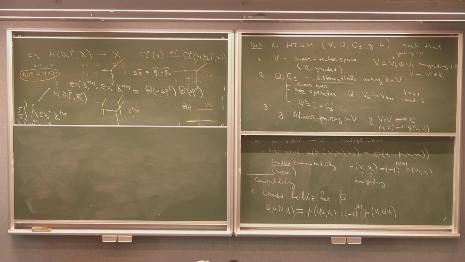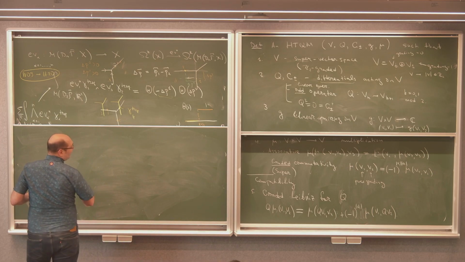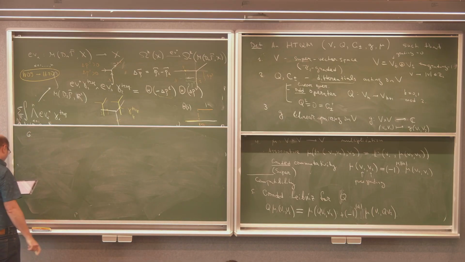Then we get a more interesting property for this G plus minus operator, which I will call differently, I'll call it mu.